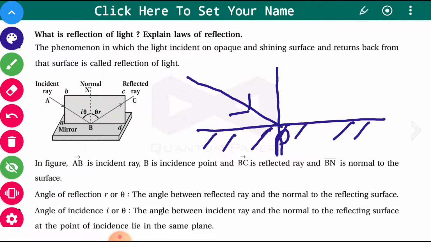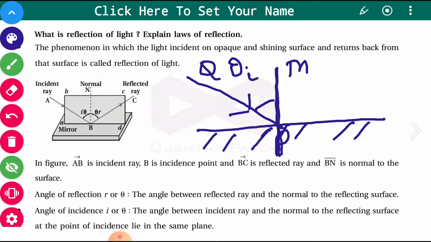See, this is point P where the light ray is incident, and the perpendicular drawn at the point of incidence is, say, PM. QP is the incident ray, which makes a certain angle with the perpendicular. This is the angle of incidence, denoted by theta i.